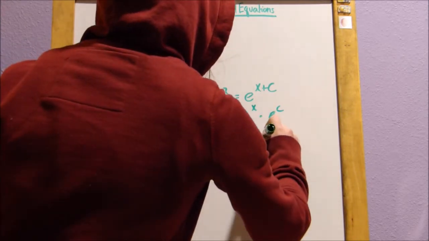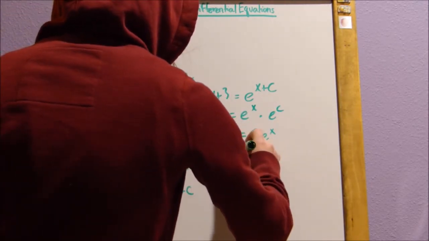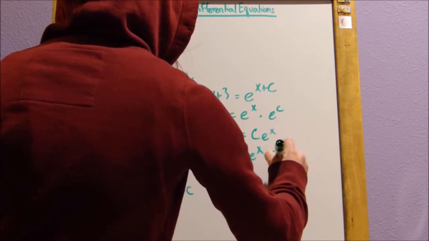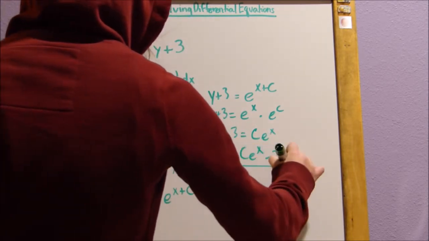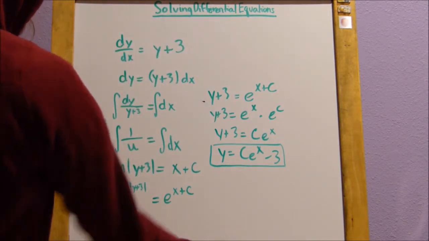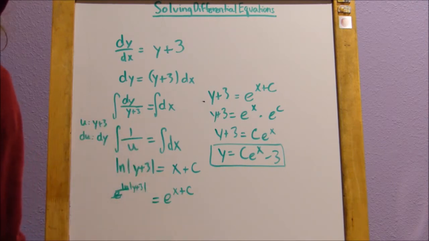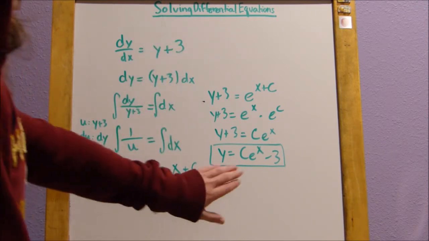So c times e to the x, and we have this 3 here, so y equals c e to the x minus 3. So this would be solving for the differential equation, and you can see that if you have a y here, it's going to be a little bit harder to solve than if you were to have an x here, but you can still do it.